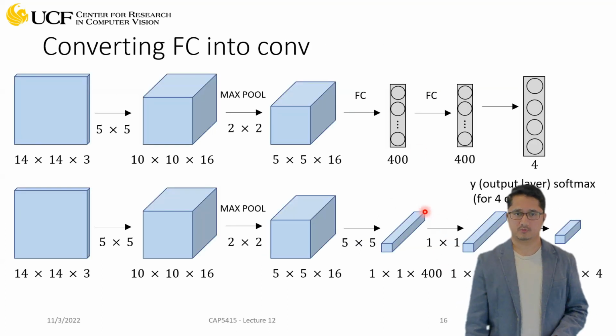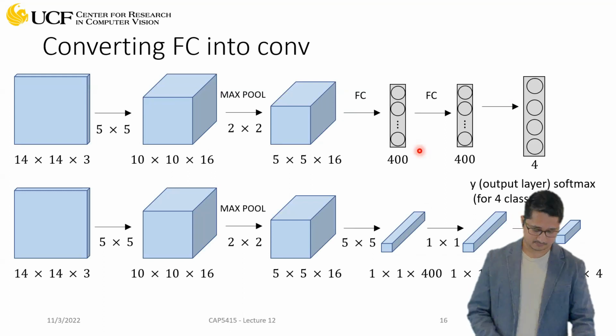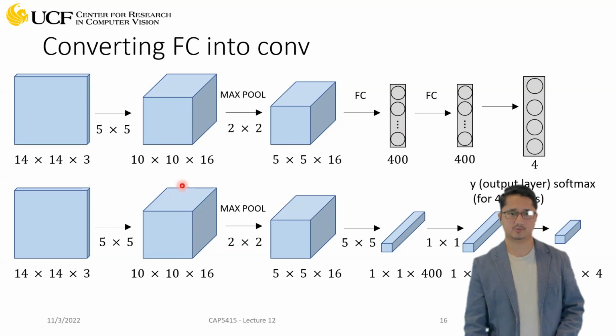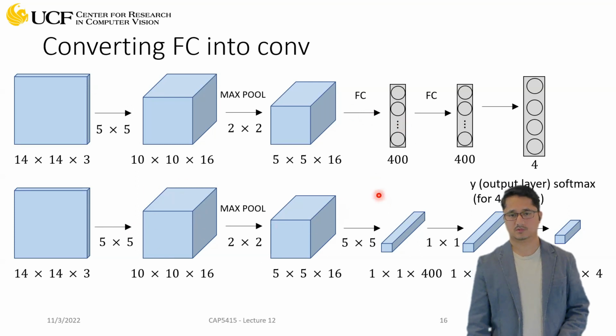Okay, so let's talk about the use case of this. Now, convolution, you know that once you have learned this model, then it doesn't matter what the input size of your image is. Again, think about this. In this case, it's 14 cross 14 cross 3.